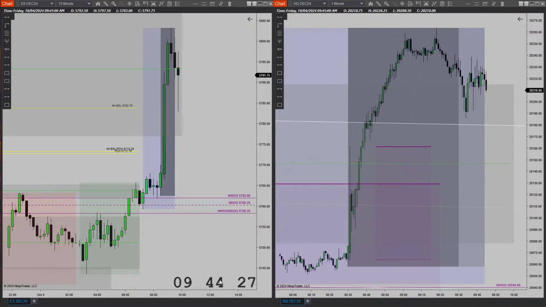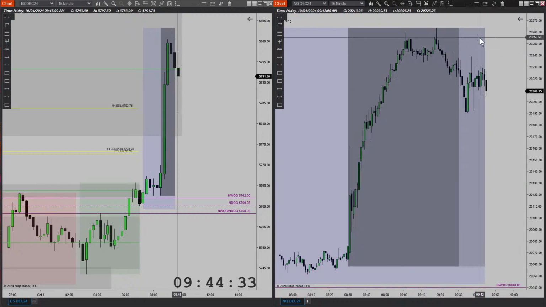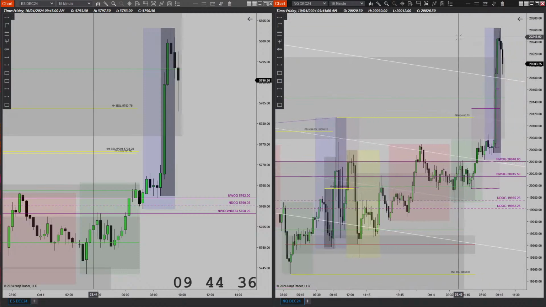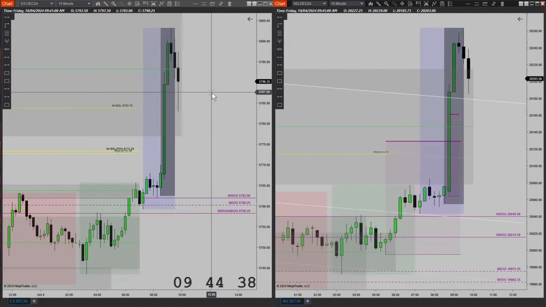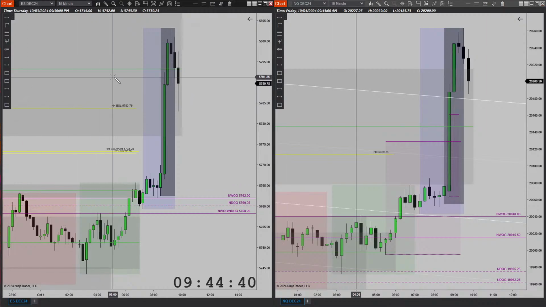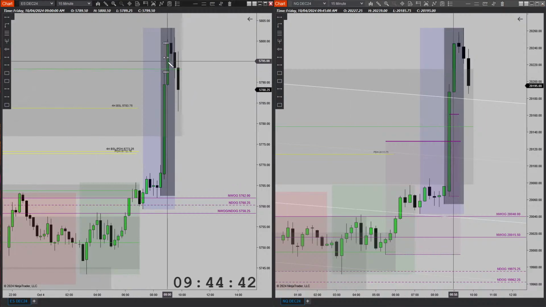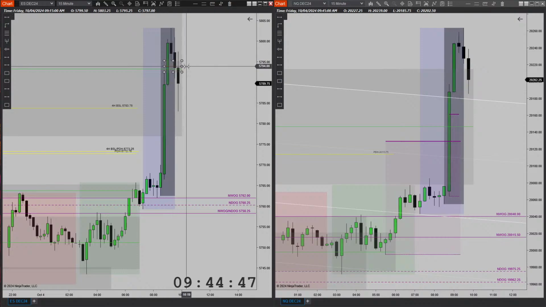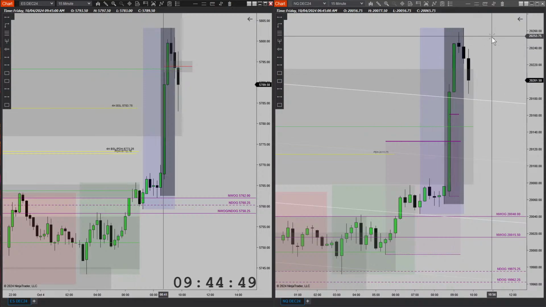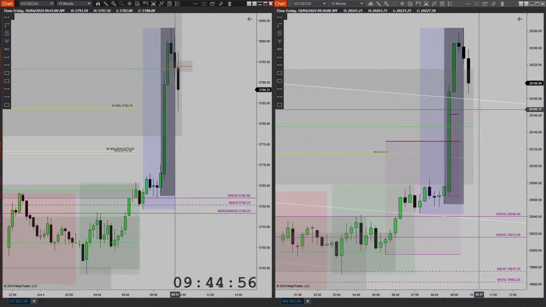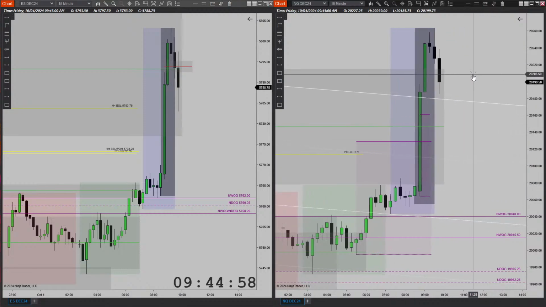We have 30 seconds until the candle closes on the 15. This candle is about to close below. Yeah, I think we're going to rebalance this whole imbalance here.